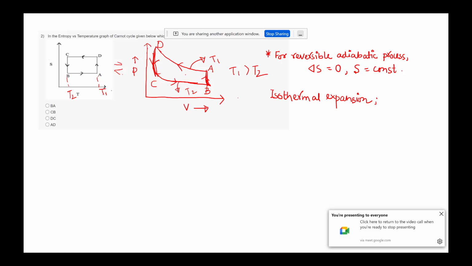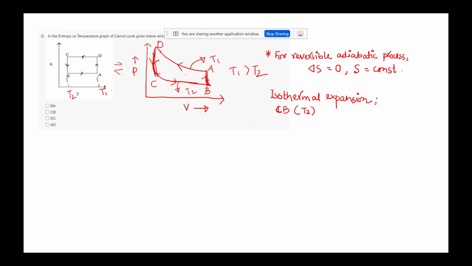Isothermal expansion is CB, sorry, CB is expansion, but this is at T2 temperature. And isothermal compression is AD at T1 temperature. Adiabatic compression.